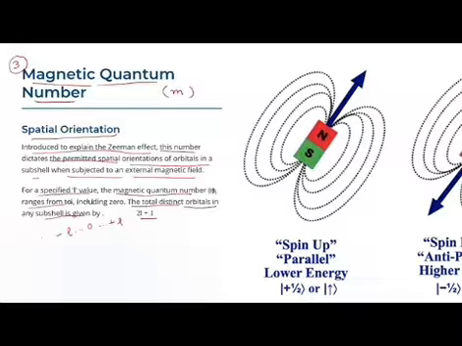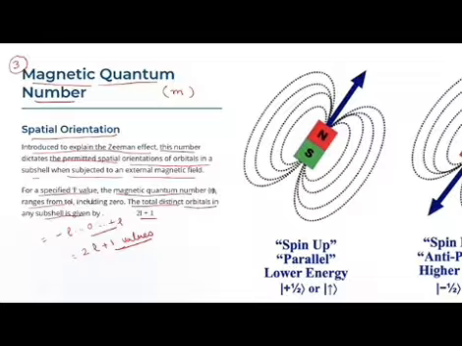So here we can show two formulas: either we can count the total values from minus L to 0 to plus L, or we can calculate 2L plus 1 values. These values indicate the spatial orientations, and these spatial orientations represent the number of orbitals present in a subshell.